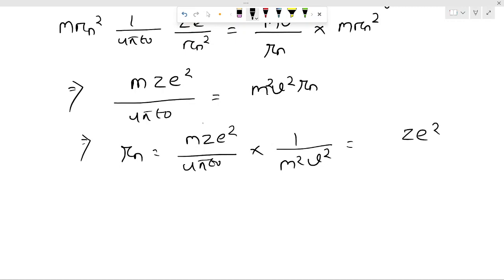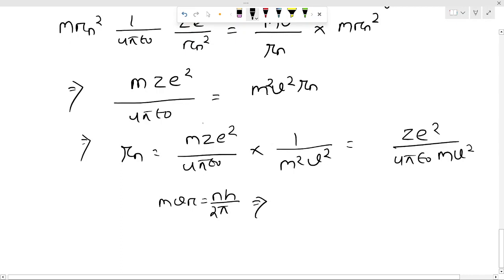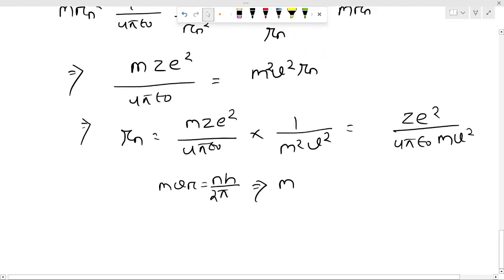Z e square upon 4 pi epsilon naught m v square, isn't it? Yes. Moreover, we know, if I substitute here, that I have a formula, mvr is equal to nh by 2 pi. If I have the expression for mv, we are good to go.